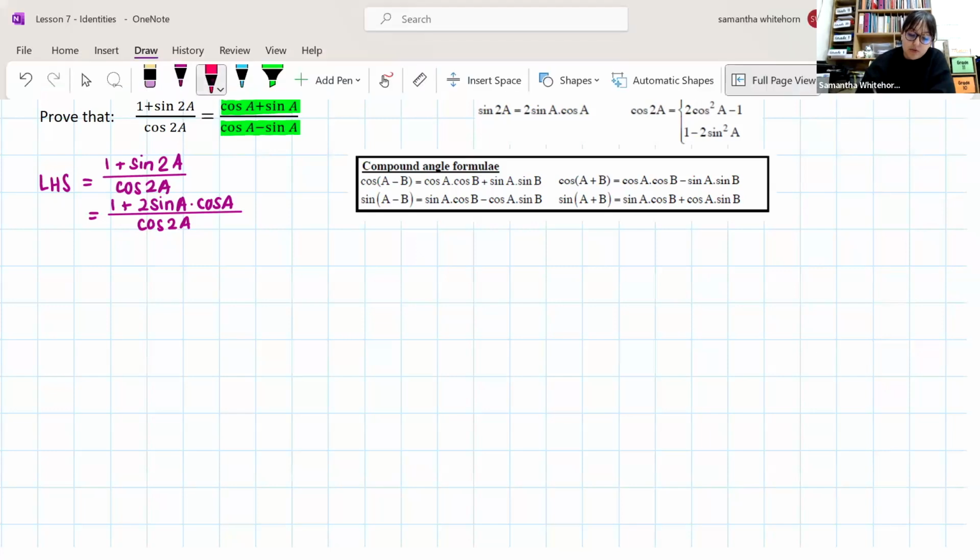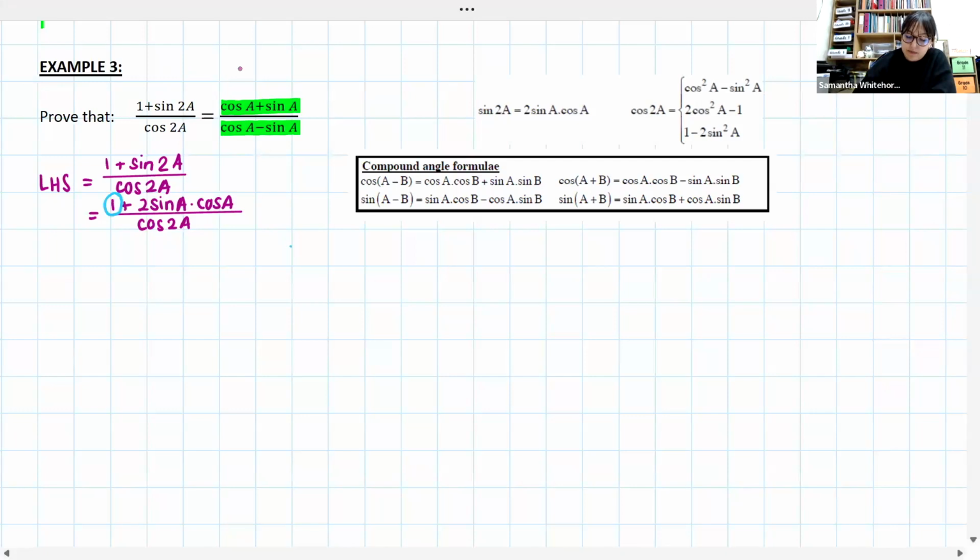So what I need to remember is that this 1 is actually an identity, because sine squared theta plus cos squared theta is equal to 1. If I replace that 1 with a sine squared plus a cos squared, and then I have the 2 sine a cos a, that's a trinomial I can factorize.